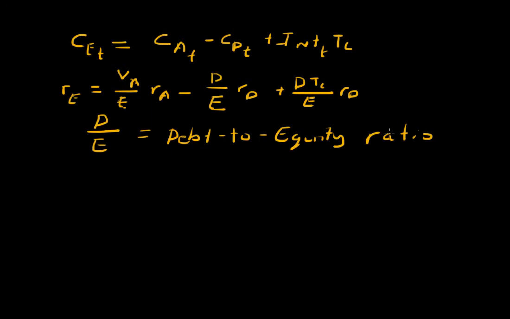Okay, if that's the case, now we're going to substitute for VA using the Modigliani-Miller relationship. So we now have RE equaling, here's the replacement, right? We could rewrite the, using the Modigliani-Miller relationship, I've replaced my value of assets.